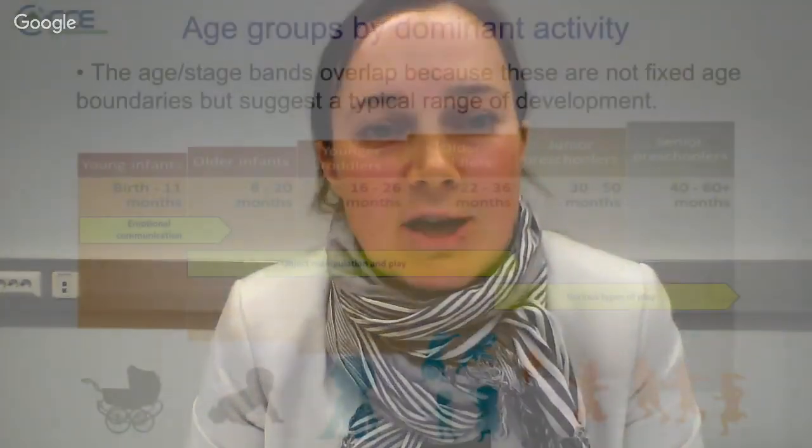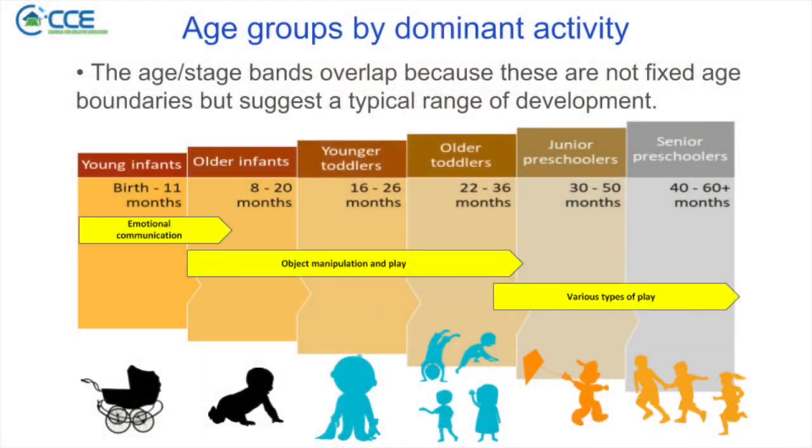Nevertheless, we tend to design classifications, and we tend to talk about early childhood in terms of certain age groups. But I think in this graph, in this slide, you can see that what I've just talked about, that there is and there cannot be any fixed or strict age boundary.